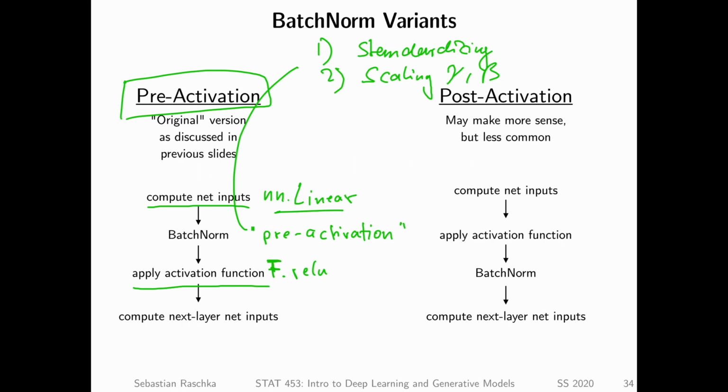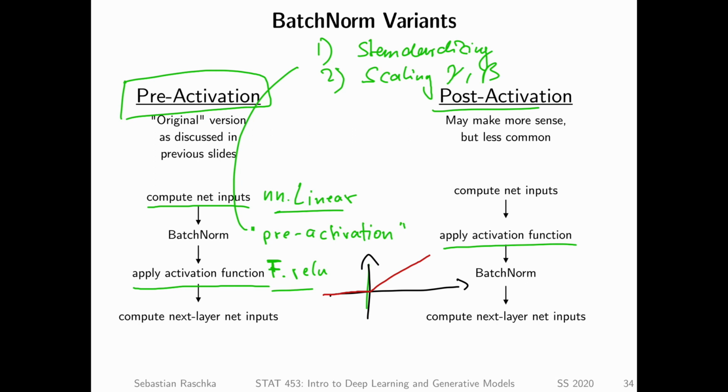Some people think it makes more sense to add the batch norm after we apply the activation function. Maybe this gives the network an opportunity to also learn mean-centered inputs to the next layer, because if you think about ReLU, it will cut off all the negative values.